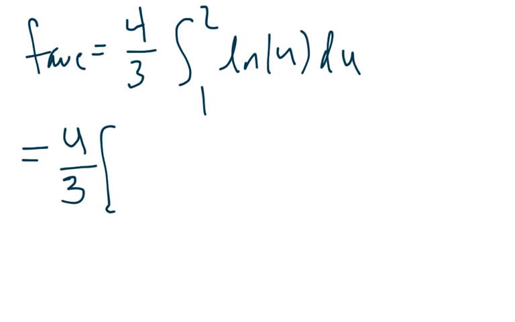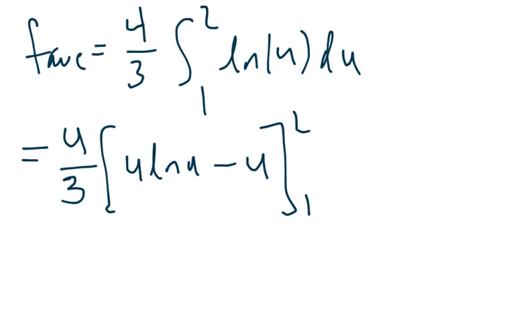So the integral of ln u is actually given by u ln u − u, and we're going to do this from 1 to 2. Now, if you didn't know this, you could figure this out on the test, and I recommend trying this if you haven't seen this.